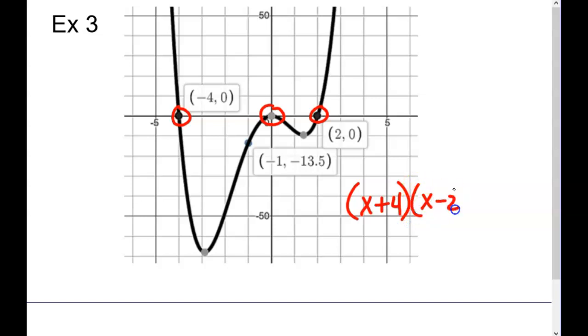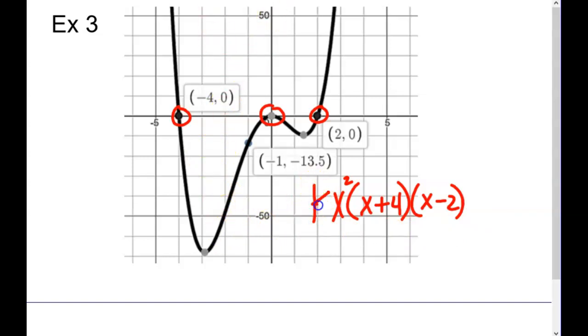X minus 2. And this guy, you could write as x minus 0, okay, with a squared, or you could just write what? Yeah, you could just put a plain old x squared out front. It won't matter.